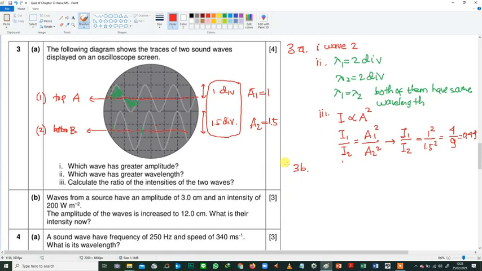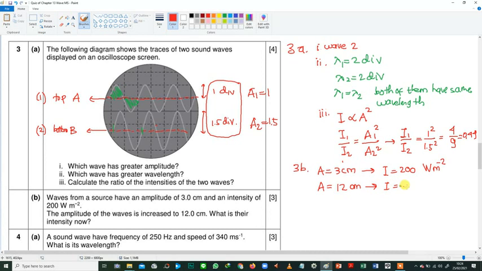For 3B, a wave from a source has an amplitude of 3 centimeter, and with this data we have the intensity of 200 watt per meter squared. Now we increase the amplitude to 12 centimeter, or if you compare, it's 4 times.